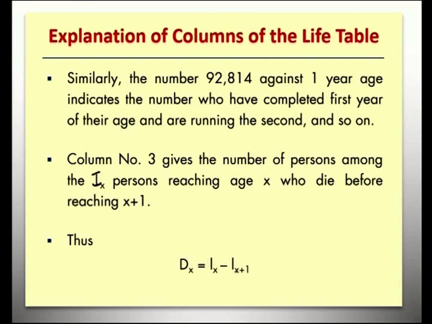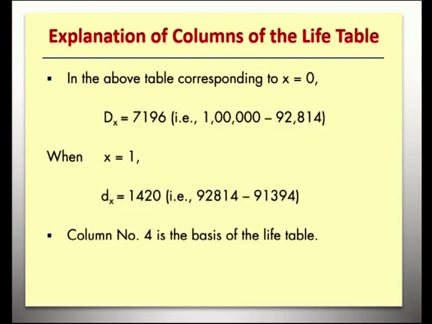And column 3 gives the number of persons among the lx persons reaching age x who die before reaching x plus 1. So, the death count is equal to lx minus lx plus 1. In the above table, corresponding to x equal to 0, we have dx equal to 7186, that is, out of the total number of persons, 92814 are living. The survival figure is 92814.